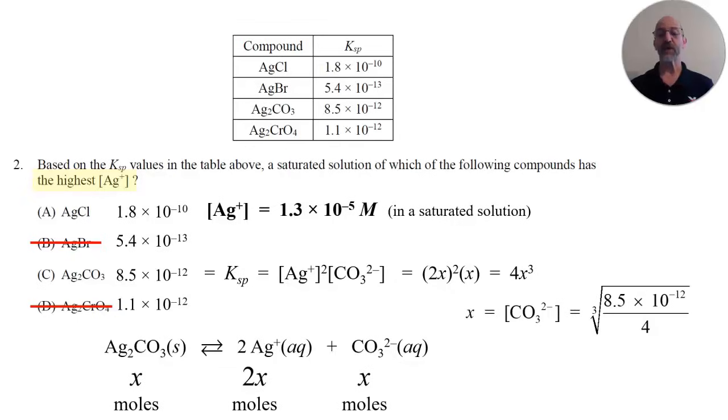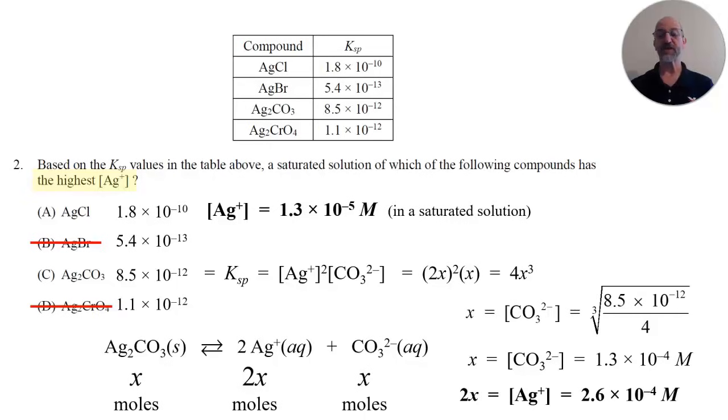And then when I take the cube root of that number, I get 1.3 times 10 to the negative 4 moles per liter. Now, that is x. So that's the concentration of the carbonate ion in a saturated solution of silver carbonate. What about the concentration of silver? Well, that would be twice as much. That would be 2x. So you can see 1.3 times 10 to the negative 4 times 2 is 2.6 times 10 to the negative 4 moles per liter for the concentration of the silver ion.